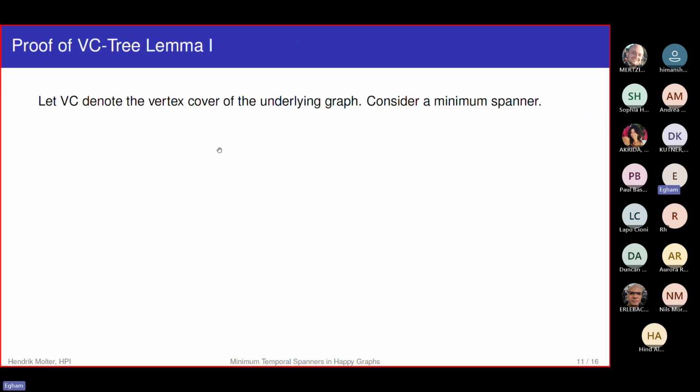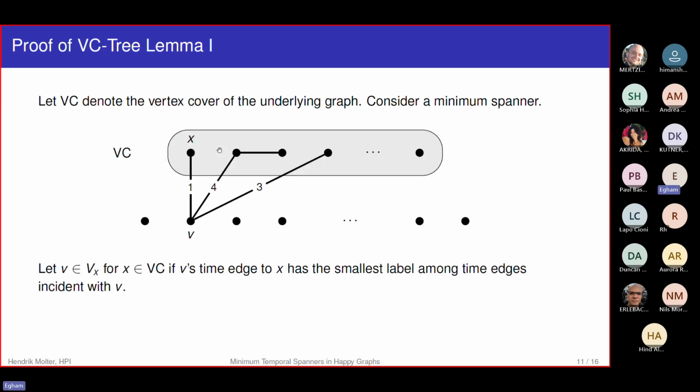So let's say, I use VC here to denote the vertex cover, and we consider a minimum spanner of a given input temporal graph, which is happy. That's also important. And now what we can do is we look at all these temporal out trees rooted at independent set vertices. We know that they need to exist because it's a spanner, so all the independent set vertices can reach everybody else.